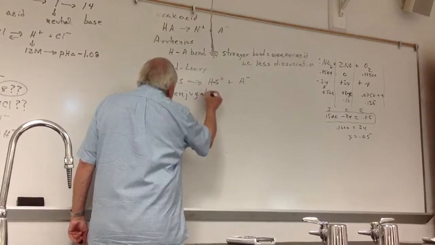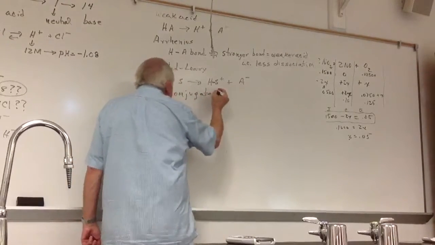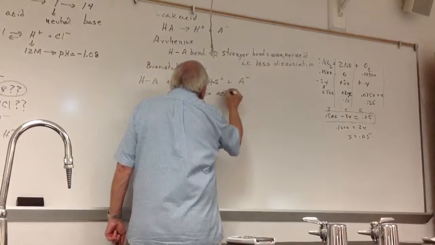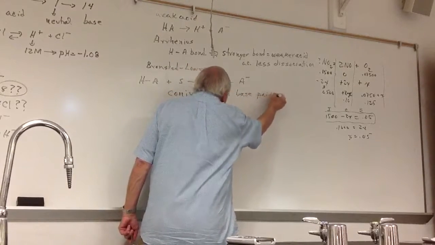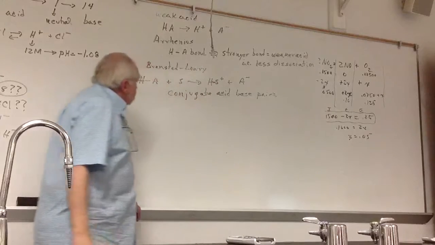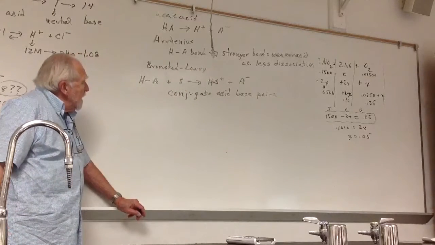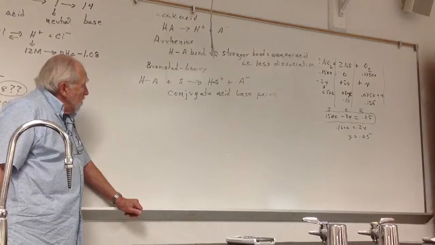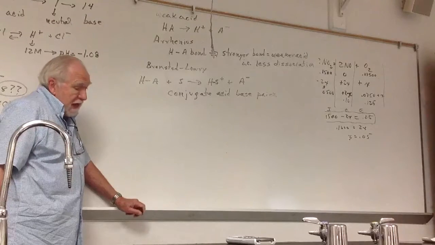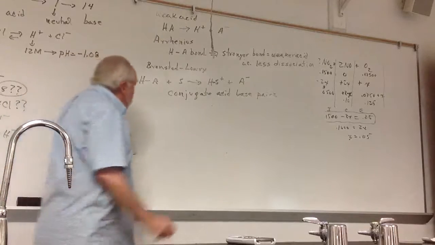This is just terminology you have to be familiar with. Okay? And in a conjugate acid-base pair, you have to have an acid partner and a base partner. The acid has the extra hydrogen ion.